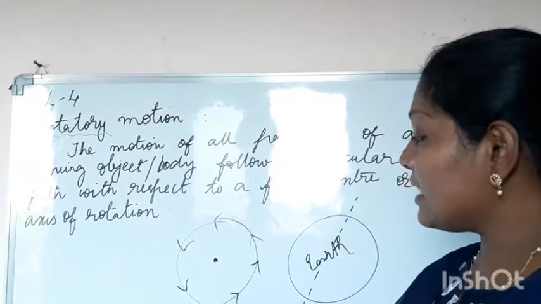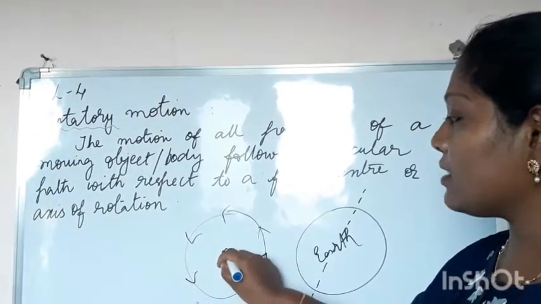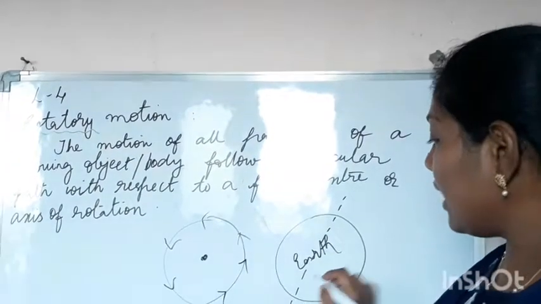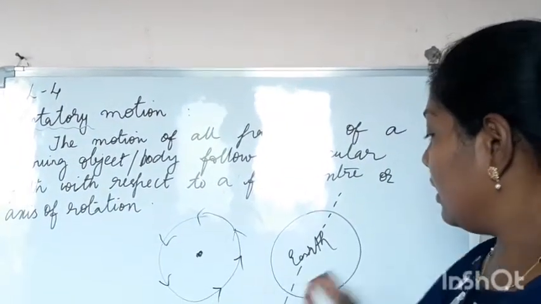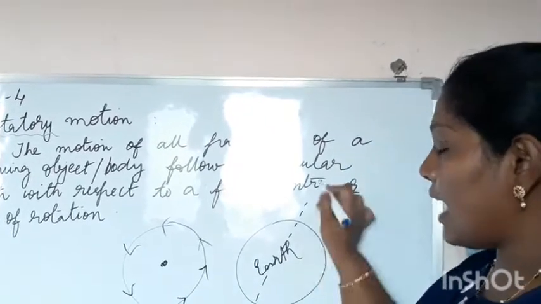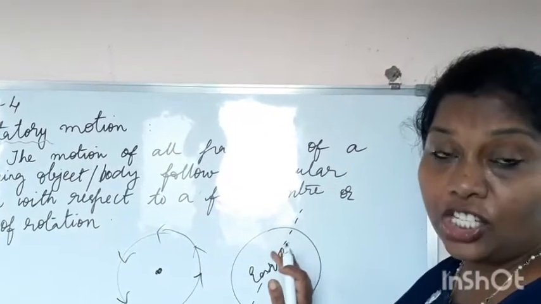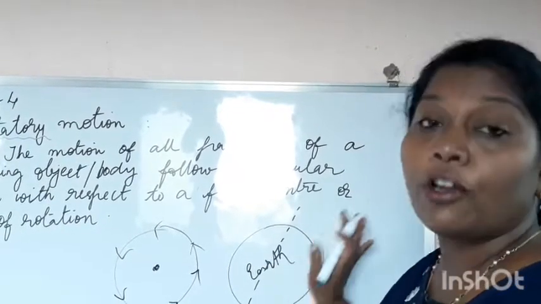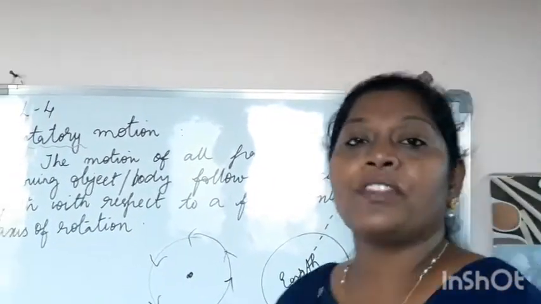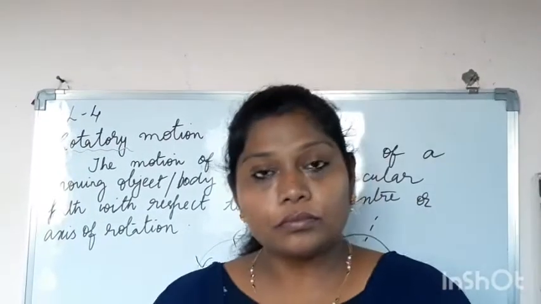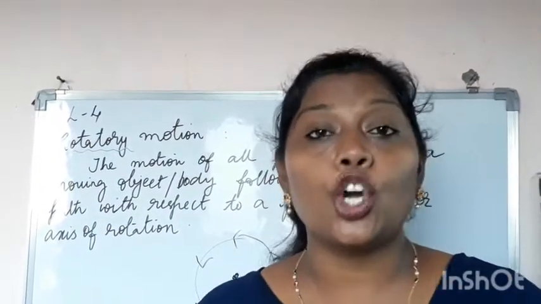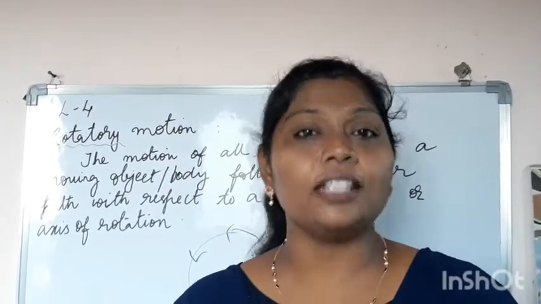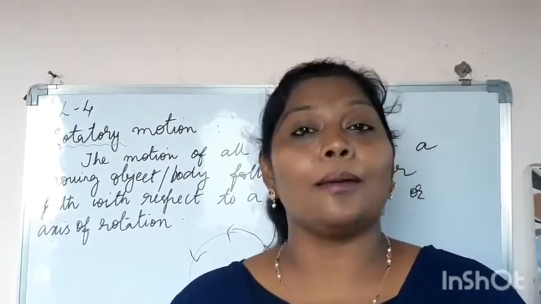If you take this example, here there is a fixed center, and if you take example B, the earth, here there is an axis of rotation. Children, either it should have a fixed point or an axis of rotation, and only then can you say the object is showing rotatory motion. Repeat it, children. Rotatory motion.